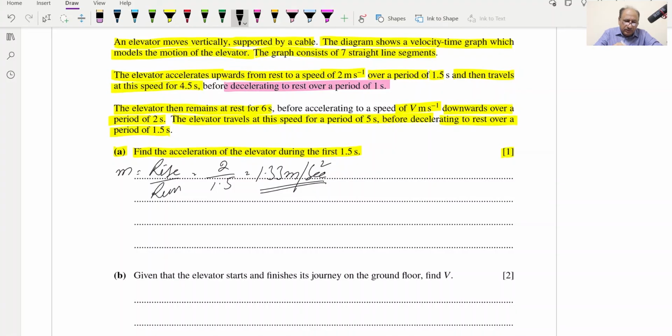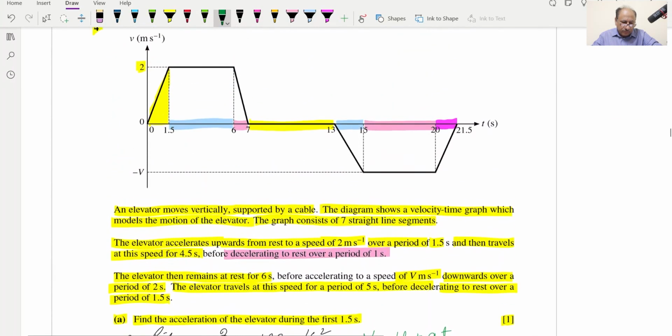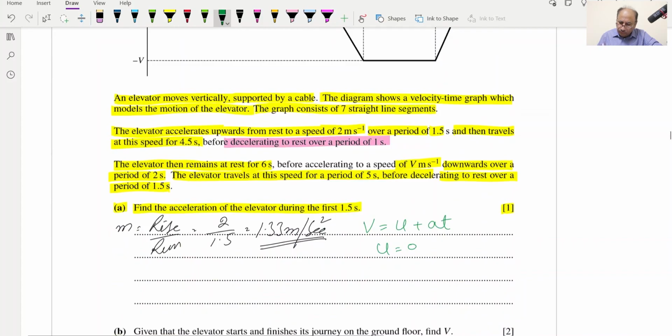Now there can be a second option, which is we can apply the equation of motion. v is equal to u plus at, and we know it's starting from rest, so the initial velocity will be 0, and the final velocity is, we know, 2 meters per second. So v is equal to 2 meters per second, and t is equal to 1.5 seconds.